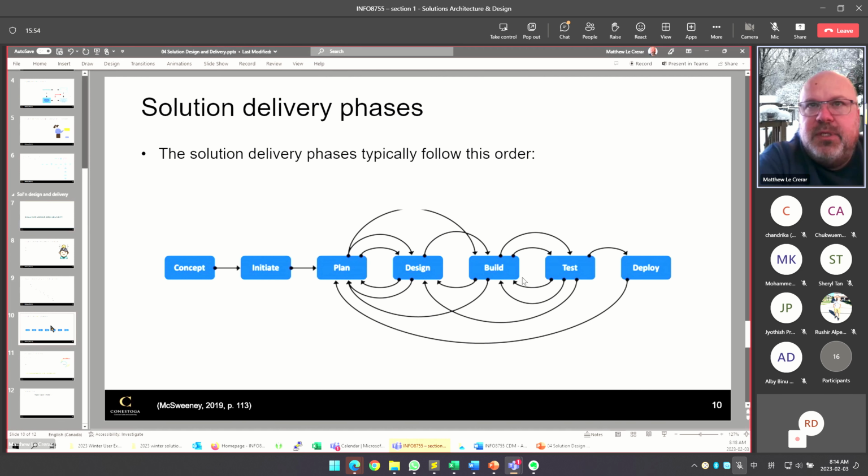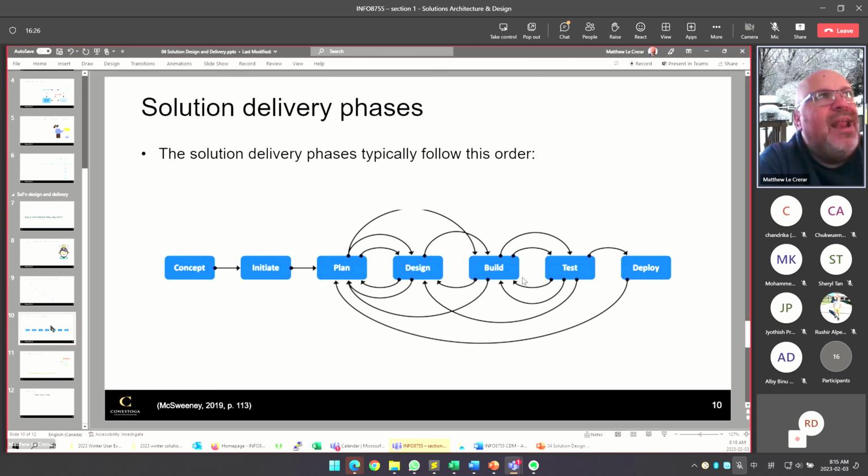You have your concept, which is your business need, same as a project. You have your initiation, which is the same as project management. Once you initiate the solution delivery process, you plan it, just like in project management. Once you've got it planned, you complete the design with your plan, you build it with your plan, you test it with your plan, and you deploy it with your plan.